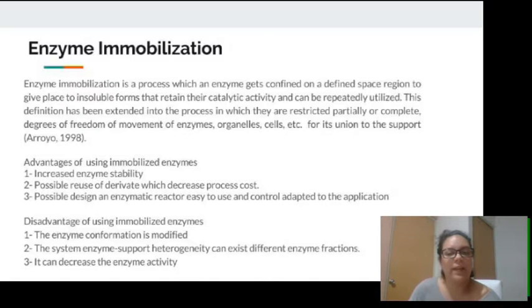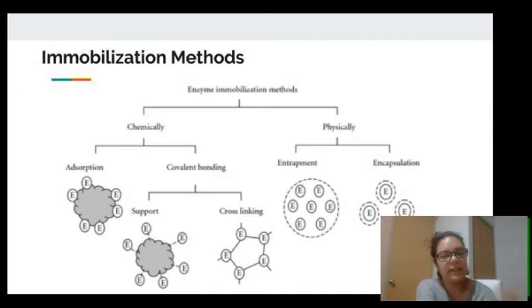There are different kinds of immobilization methods. These depend on the support we are going to use, and they can be quite different because of the chemical and physical processes. Chemically, there are adsorption and covalent bonding, which involve support, and cross-linking.